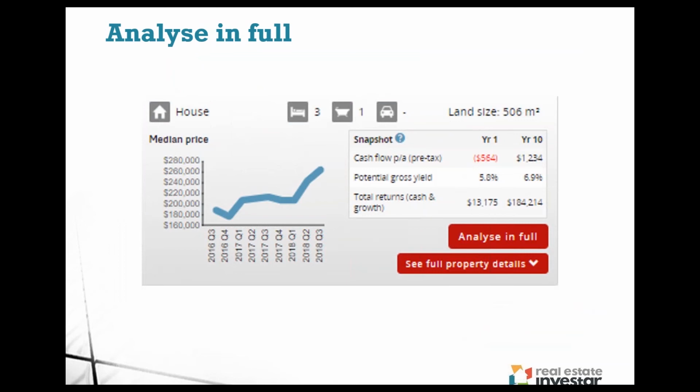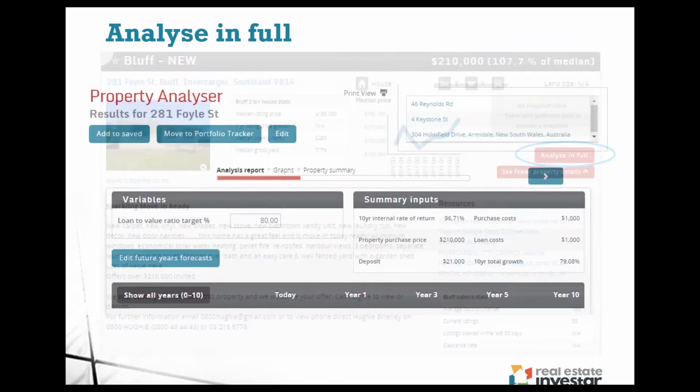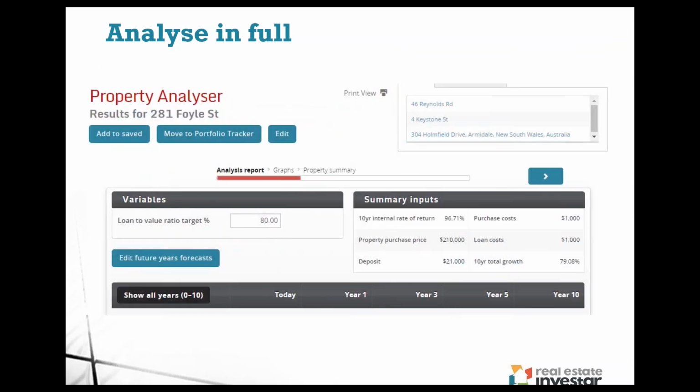Okay, so we can see the snapshot of what's going on with the property. I'm going to explain this a bit further once we go into the Analyse in full now. When you first go in, this is specific to the actual individual property. It's not going into just a house in the suburb or so on. The first thing we always do when we go in is edit to our particular circumstances of the individual property.